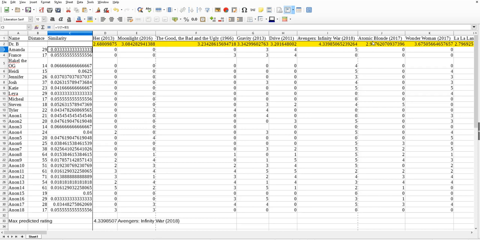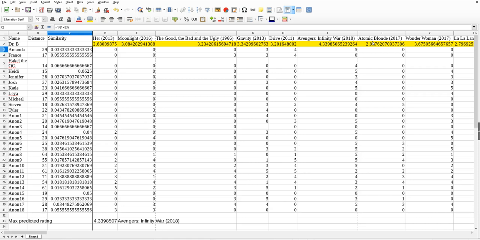And this is a good example of how product recommendations work in real internet applications. When you sign on to Netflix or Amazon and they're saying you might like this, they're using a very similar algorithm. They're not putting it in an Excel spreadsheet because they have too much data.